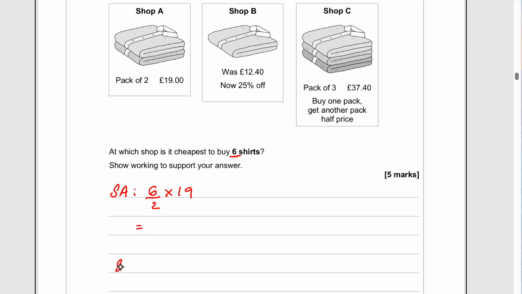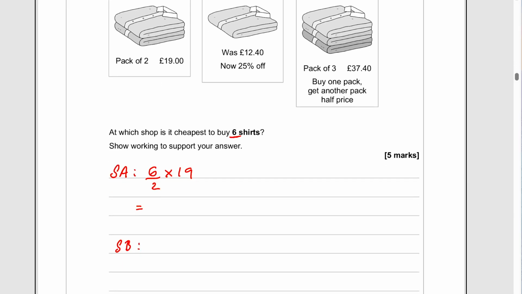For shop B, we need 6 of these. So we're going to go 6 times by £12.40, not 1.24, £12.40, times by, if we've now got 25% off, it means that we're paying for 75% of each. So we're going to times that by 0.75, and that'll give us our shop B price.